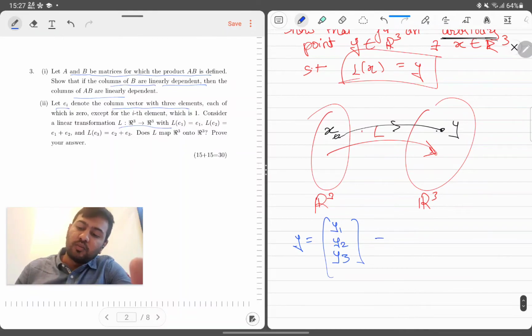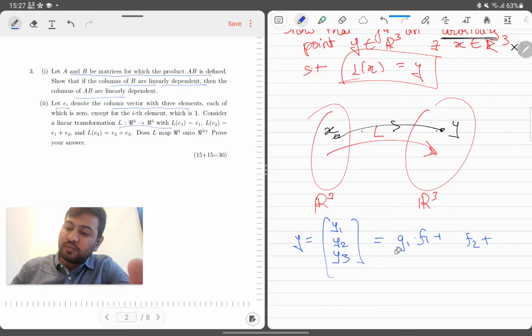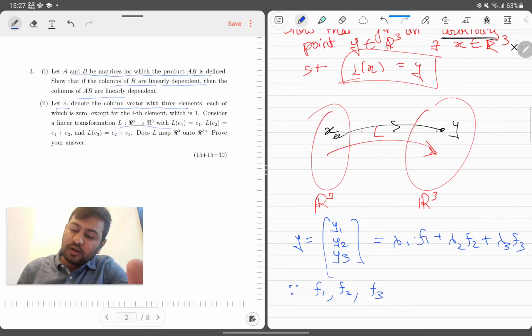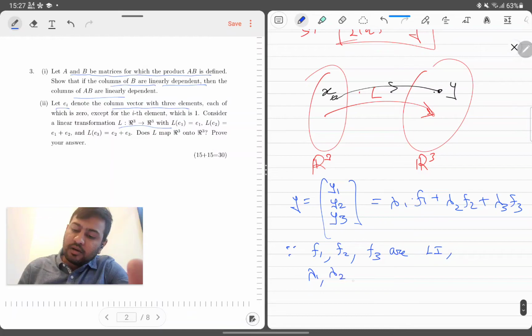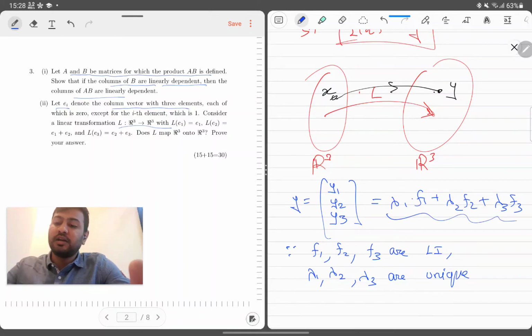So this is equal to lambda 1 times F1 plus lambda 2 times F2 plus lambda 3 times F3. Now since F1, F2 and F3 are linearly independent, lambda 1, lambda 2, lambda 3 are unique. So for any point there will be a unique way to represent it in terms of F1, F2 and F3.